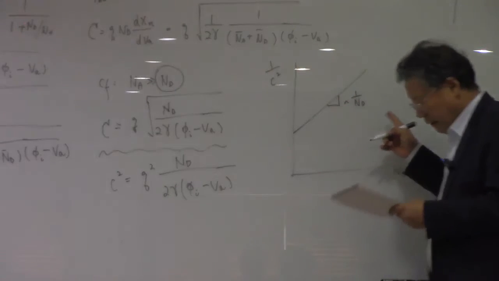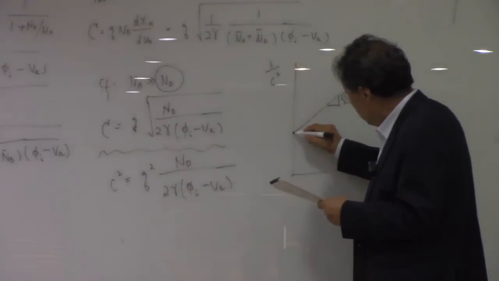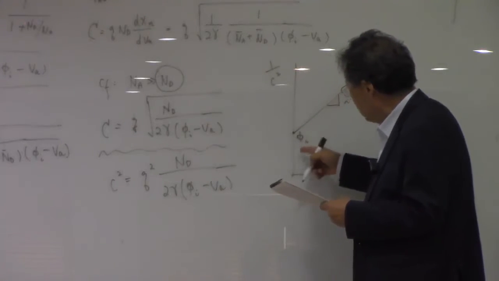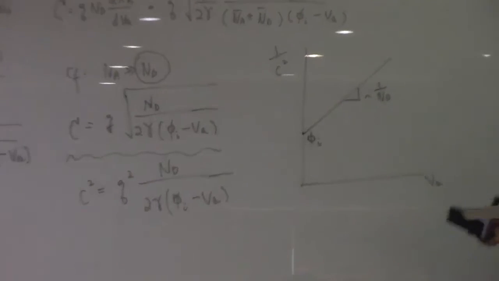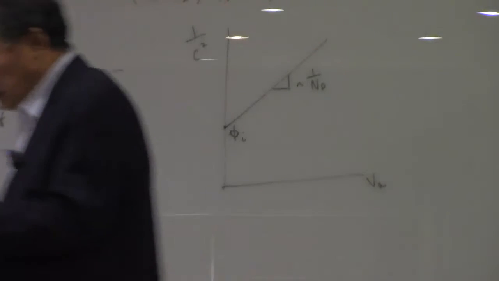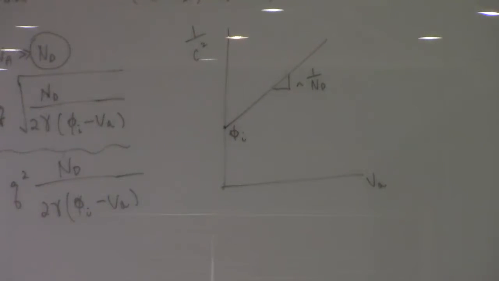You can directly get the numbers for this, and then of course this intercept is related to the built-in potential. So if you measure the capacitance of the PN junction, then you can get these values.